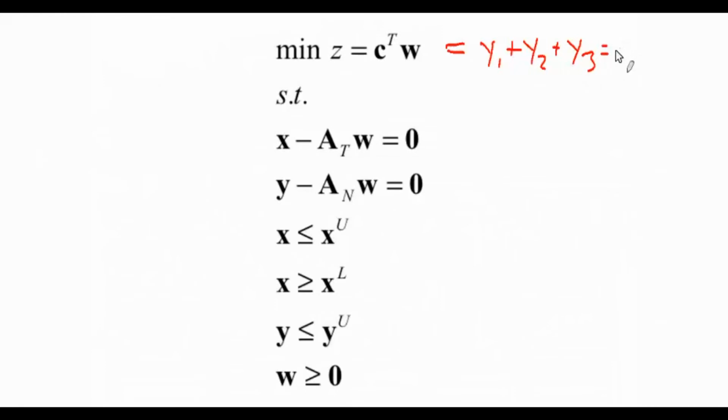We could write that in matrix form as E transpose y. But then the question is, how do we define C in order to make the objective function be this? We have to construct C so that C transpose W is equivalent to E transpose y, or y1 plus y2 plus y3. So let's do that.